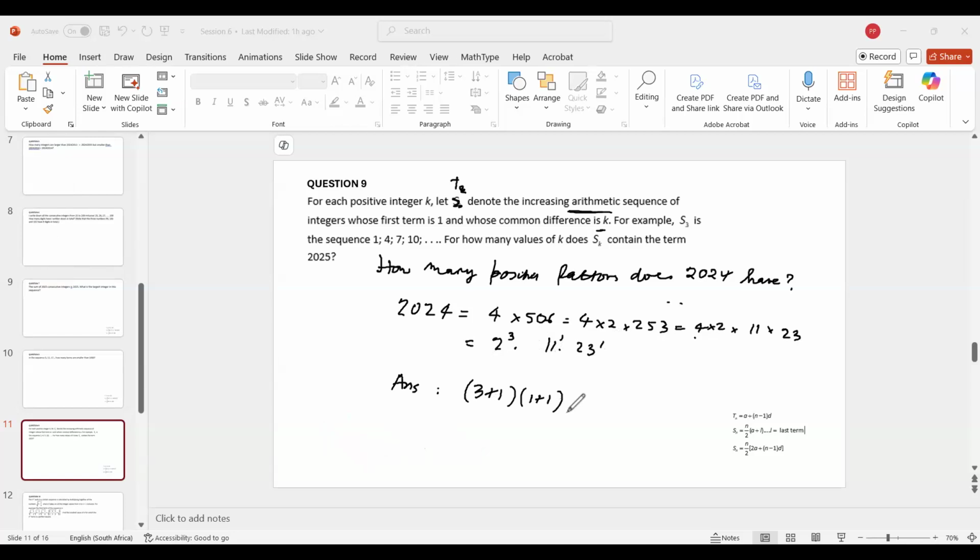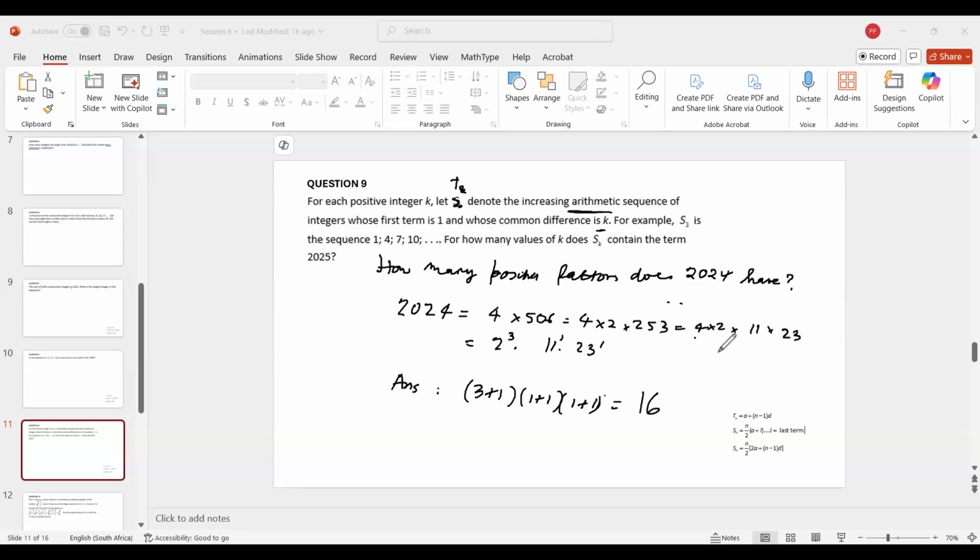The exponent is 3 for 2, 11 to the 1, 23 to the 1, and you multiply these. So you get 4 times 2 times 2, which is 16. So there are 16 values of k.